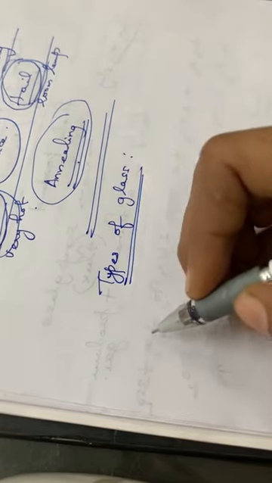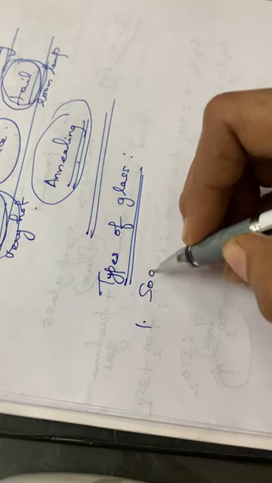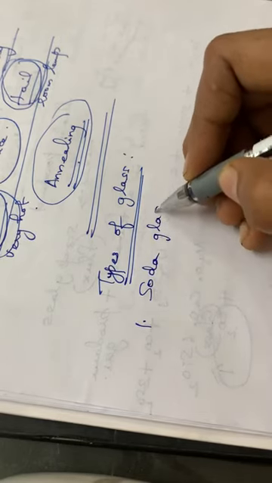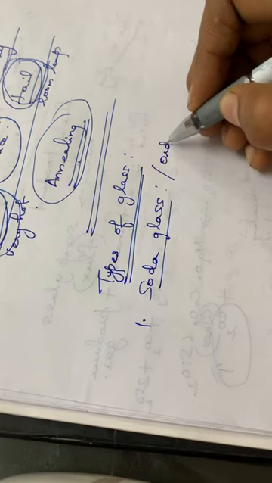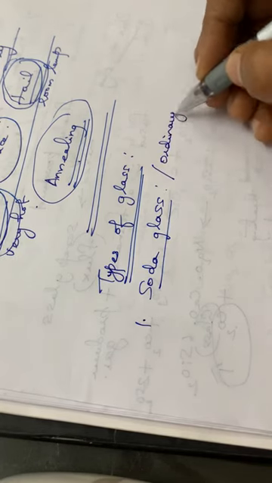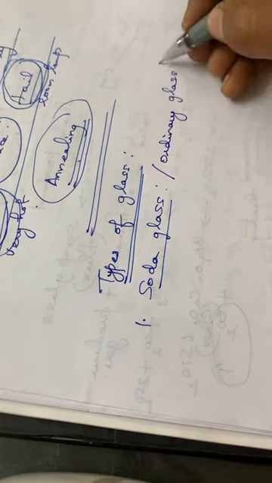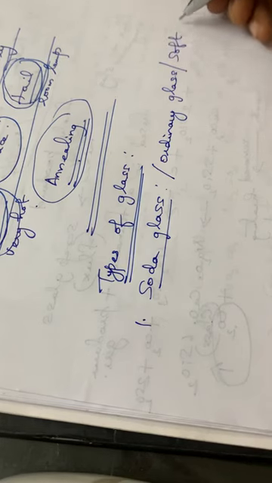So types of glass: the first category is soda glass, otherwise called ordinary glass or soft glass.